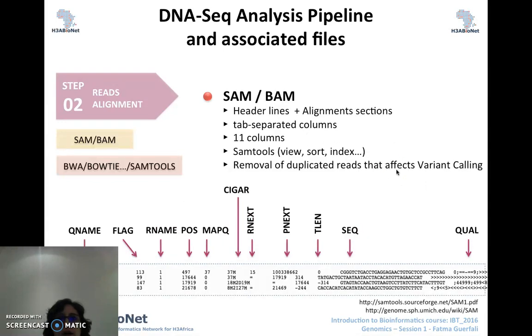Now, the SAM and BAM file formats are formats that could contain information about the mapped and unmapped reads. SAM stands for Sequence Alignment Map and is really helpful per se, but in that format it is really heavy, so it's usually used as a BAM format, which is its binary counterpart.